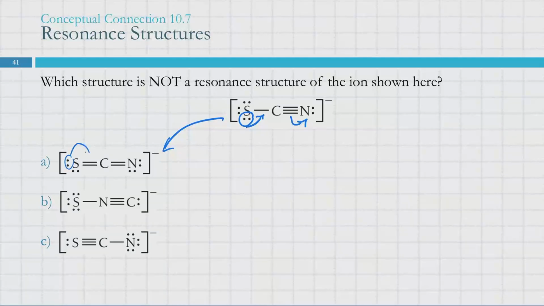We can take another one from sulfur, give another one back to nitrogen, and that would turn us into C. We cannot get B out of this because nitrogen is now in the middle and carbon's on the end. That would be a different ion because we've changed the arrangement. So B is not a resonance structure. The other two are resonance structures.